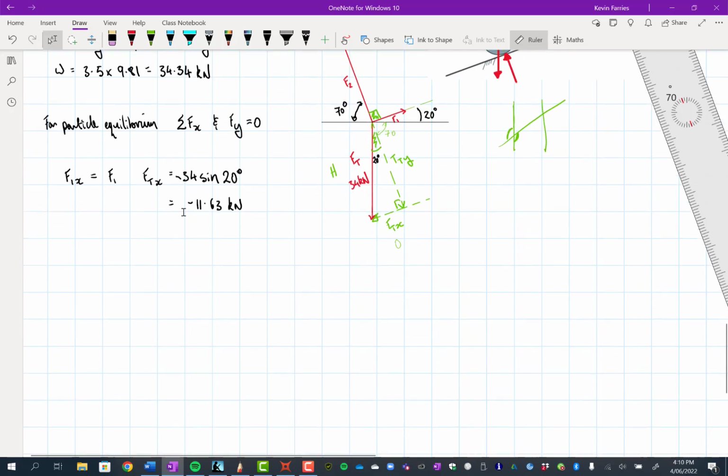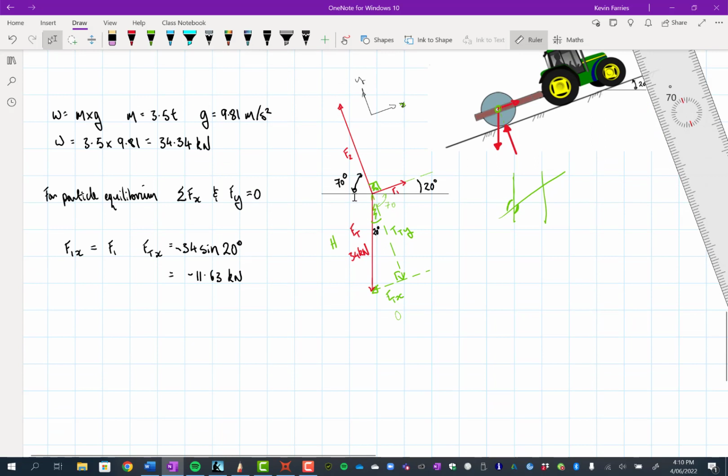Okay, so we figured out the x components of everything. Well, no, we haven't, have we? We have. F2 is in the same direction as y, so it does not have an x component. So that's all the x components. We're going to get quickly to the end here.